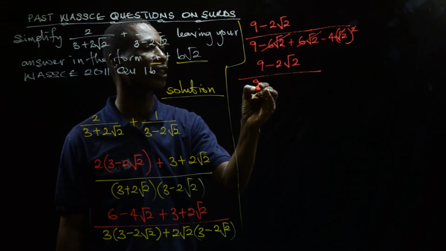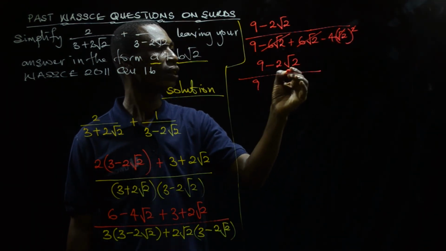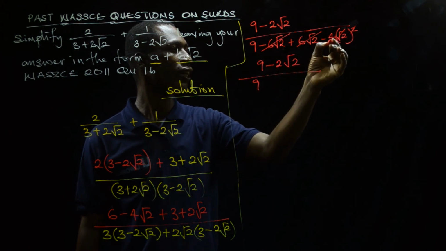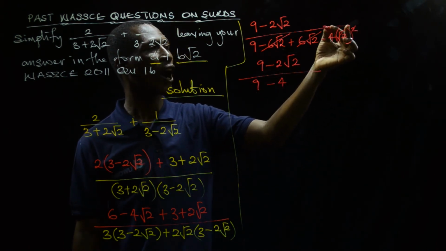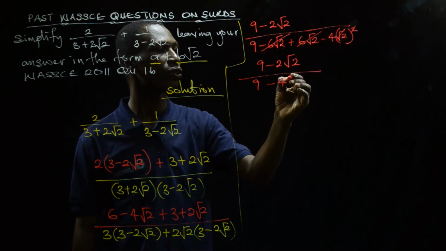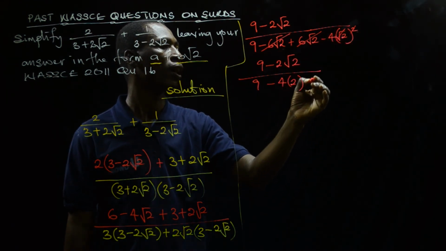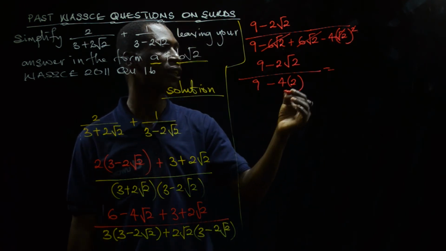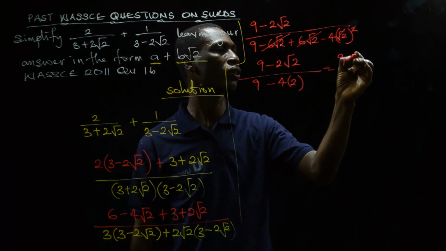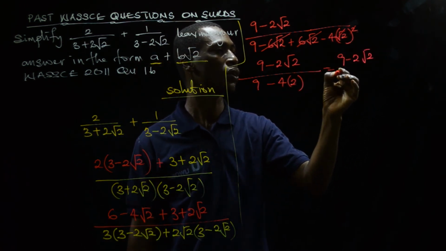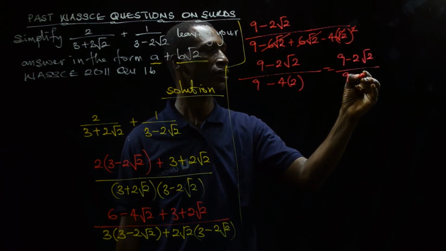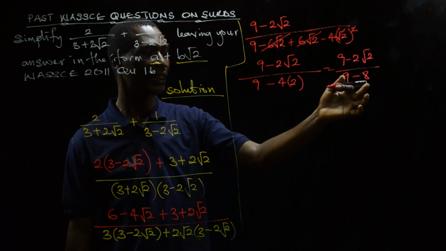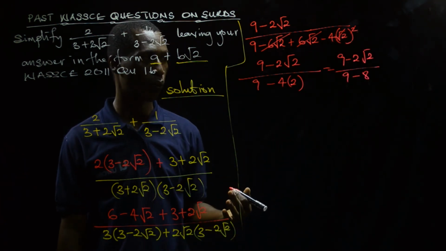Good. So when I come down, I have 9 minus 2 root 2 divided by, now this part is gone, I'm left with 9 here, then minus 4. Then this power has removed the root sign, so I have 2. And this can simply be given as 9 minus 2 root 2 on 9 minus 8. When I take 8 from 9, I'll be left with 1.